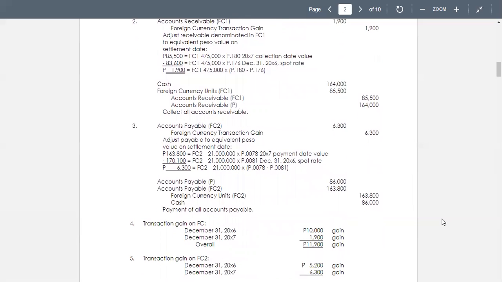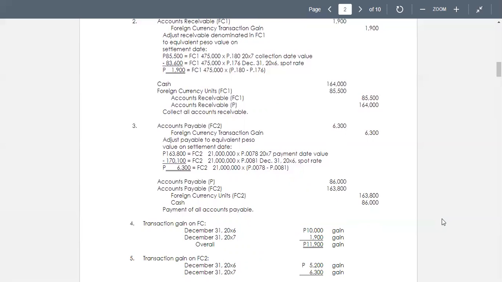Then in number 4, what will be the foreign currency gain or loss on the accounts receivable transaction denominated in FC1 for the year ended December 31, 20x6, for the year ended 20x7, overall for this transaction. So the transaction gain on FC December 31, 20x6, we have recorded that in the first entry, 10,000 gain. 20x7, we have another 1,900.